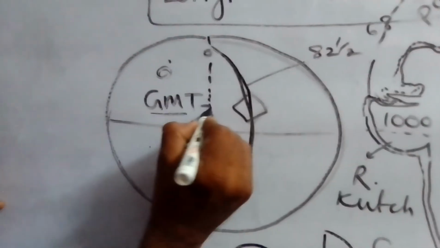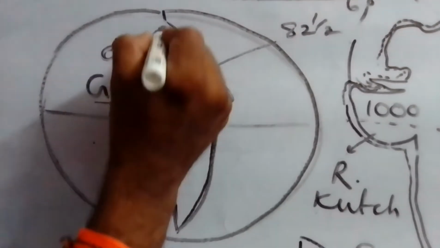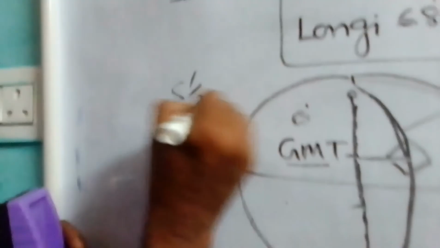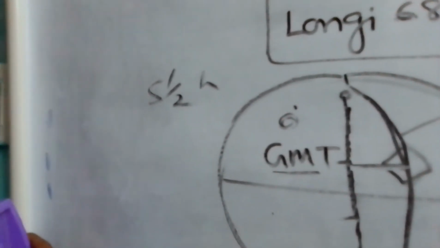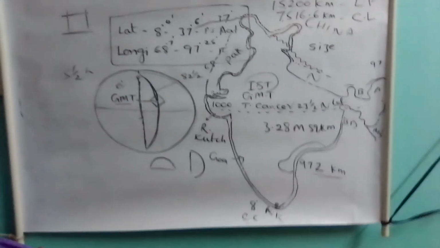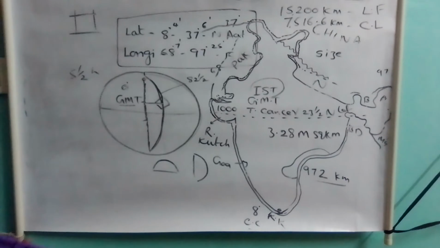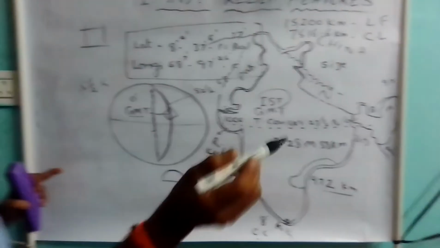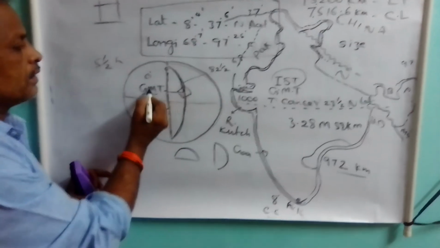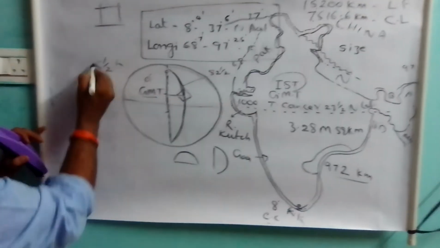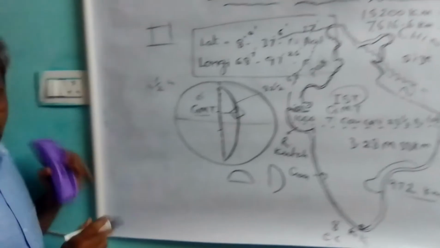So for these two lines, the time difference between GMT and IST is 5.5 hours.